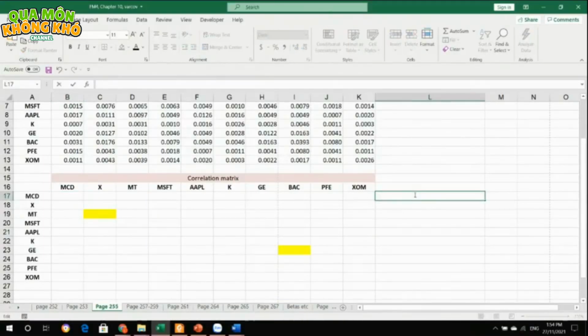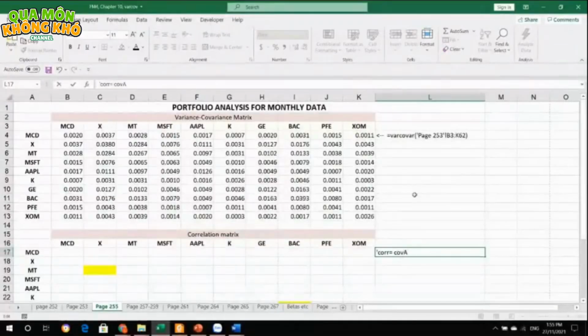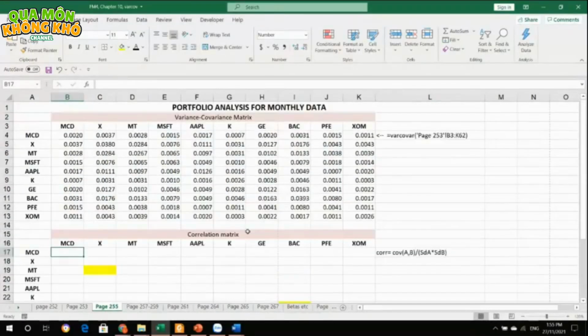The correlation A and B equals the covariance A and B divided by standard deviation A times standard deviation B. No, covariance A and B. Covariance is for the pair of values A and B divided by standard deviation A multiplied by standard deviation B. So use this formula to transform the covariance to the correlation matrix.